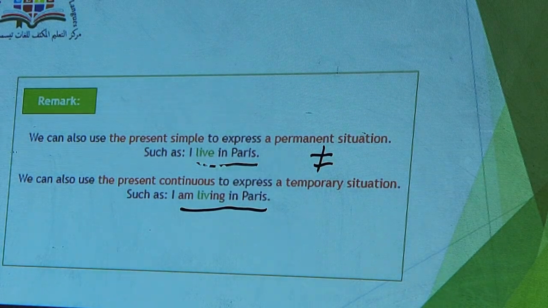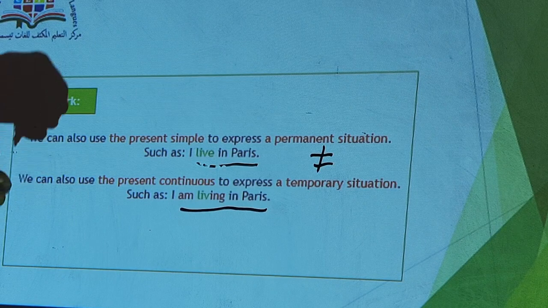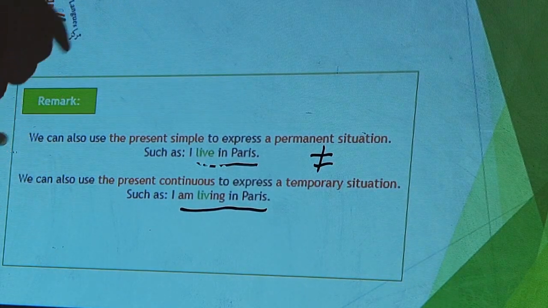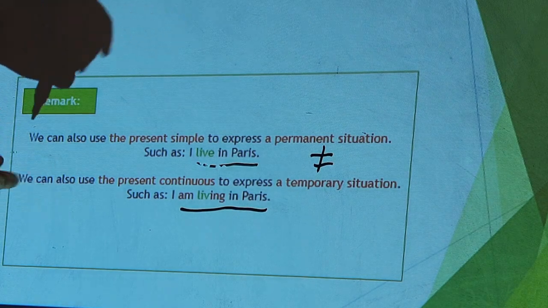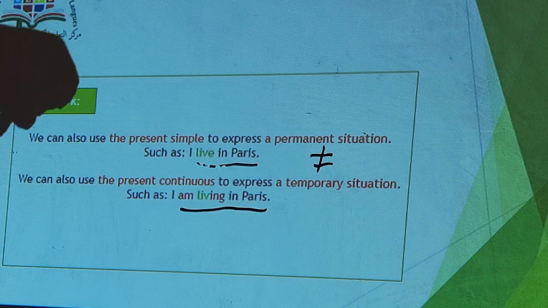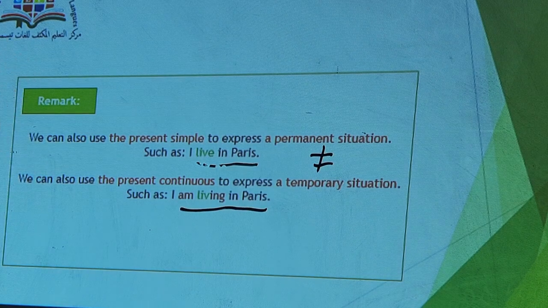This is what we call a permanent situation. So when I say I am living in Paris, it means yes, now I am living in Paris, but maybe tomorrow I will quit Paris, or maybe after 1 month, maybe after 2 months, maybe after 20 years, but there is a time that I will be back to my country. I hope you have understood what we mean by a permanent situation and a temporary situation.